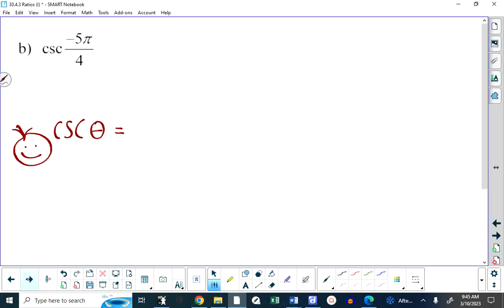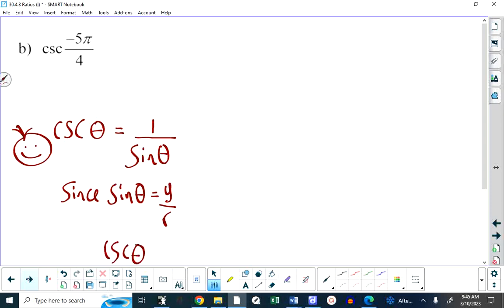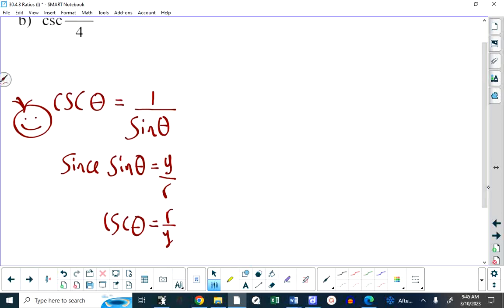You say to yourself that cosecant of theta is the reciprocal of sine of theta. And then you say, since sine of theta is y over r, cosecant of theta is r over y. But we're going to use the unit circle. And that means r is 1.